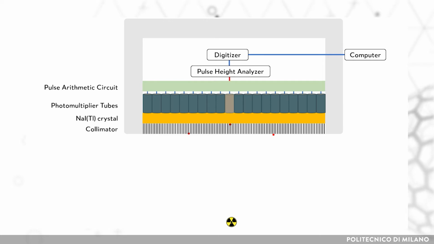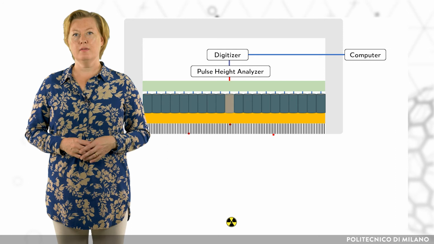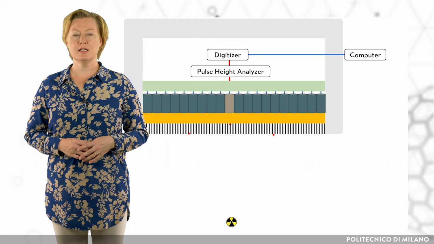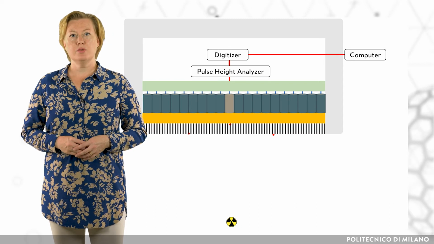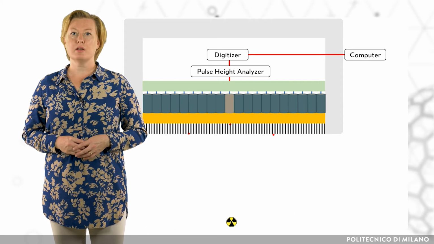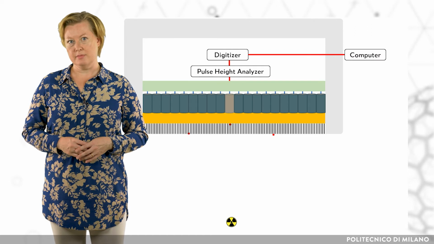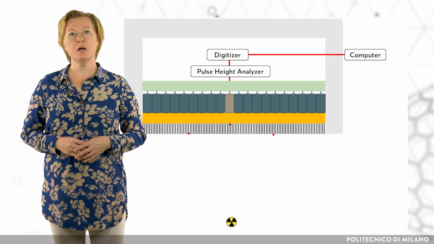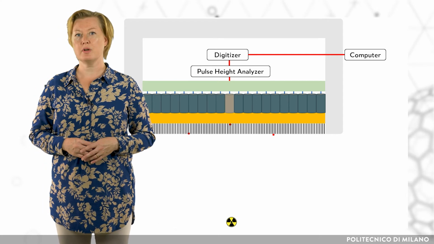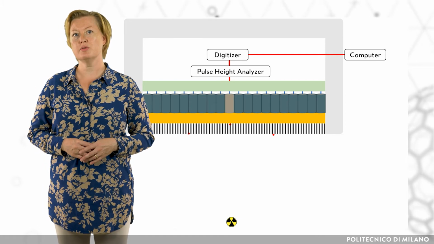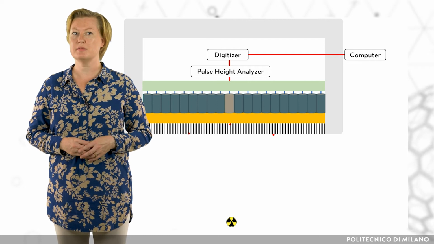The pulse height analyzer sorts out the signal based on the signal amplitude, differentiating gamma rays of different energy. Finally, the signal is digitized and recorded by the computer. During the measurement, the gamma camera rotates around the patient. Thus, acquisition from multiple angles is obtained, allowing a computer to tomographically reconstruct it to generate 3D images.